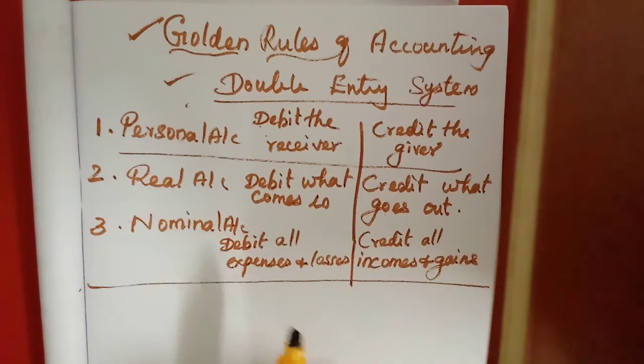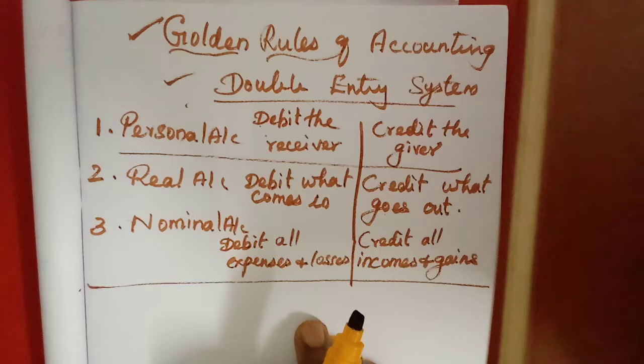First of all, you should know how to identify the accounts. A minimum of two accounts will be involved in a transaction, and that we have to identify. We have learned the three types of accounts.